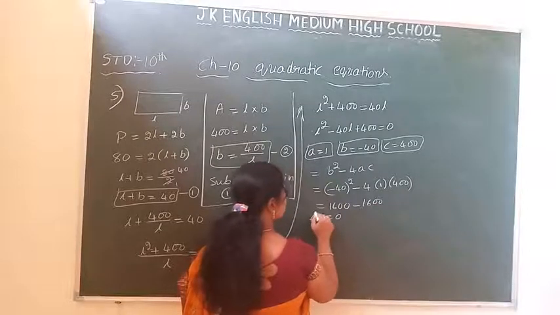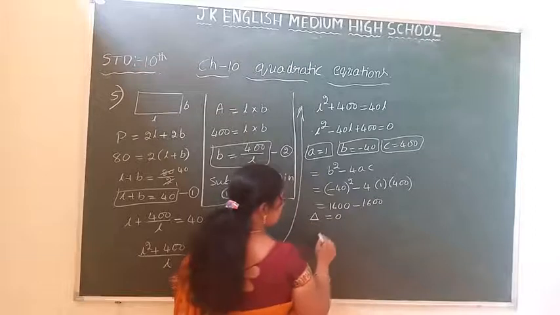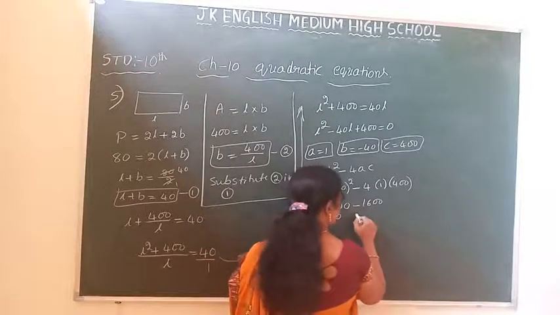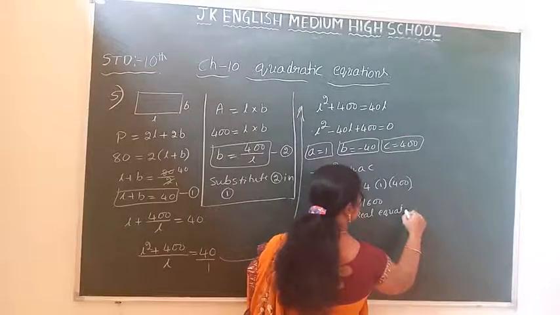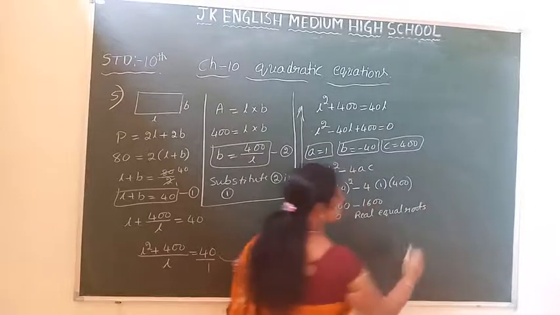If the discriminant delta is equal to 0, then we get real equal roots. So it is possible.